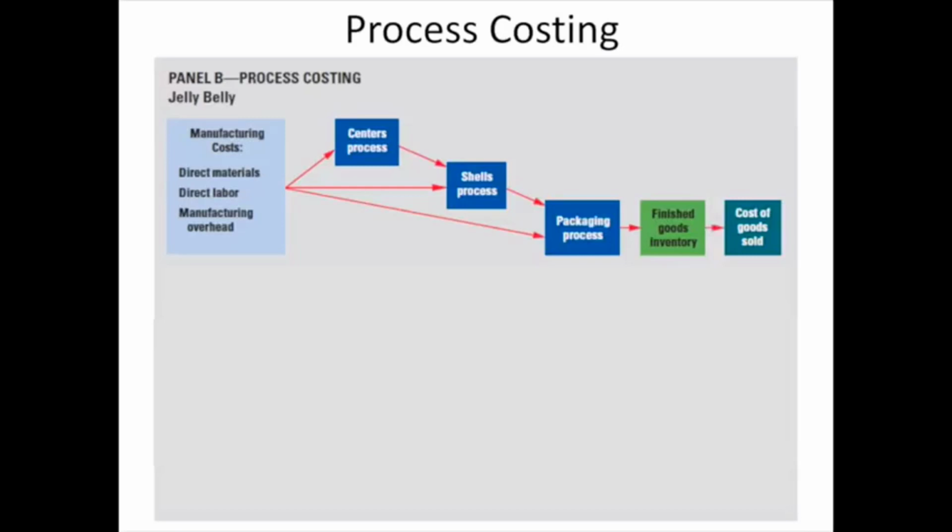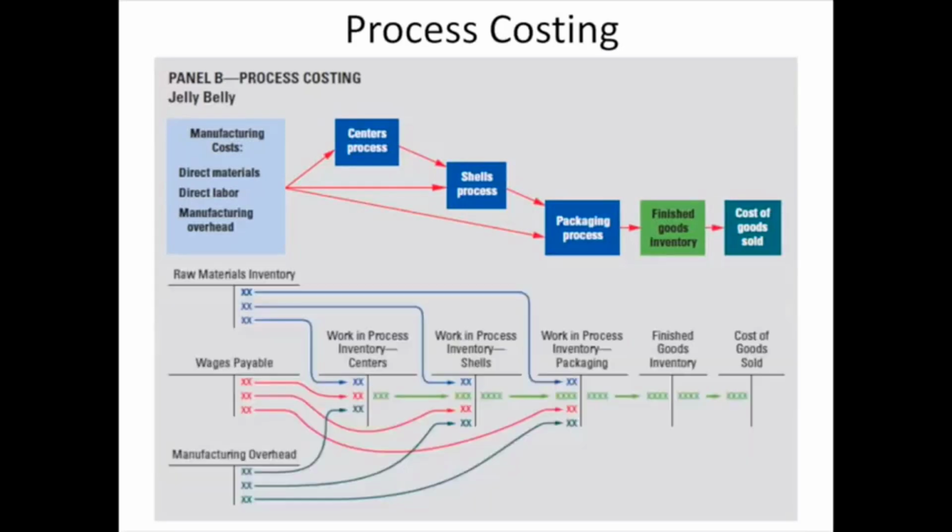If we look at this process in T accounts, we find again, our materials move into each process as they're needed, labor moves into each process as it is needed, and overhead is applied to each process as it is needed. Once the product gets through the final process, it moves into finished goods, and then waits to be sold, and then it moves into cost of goods sold.